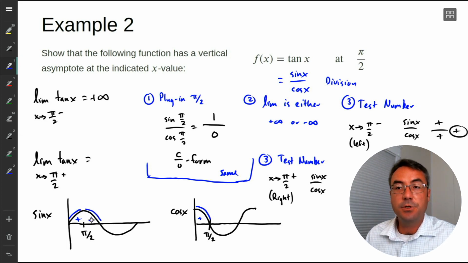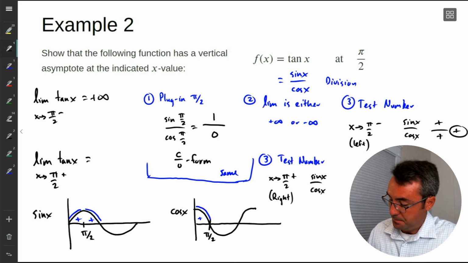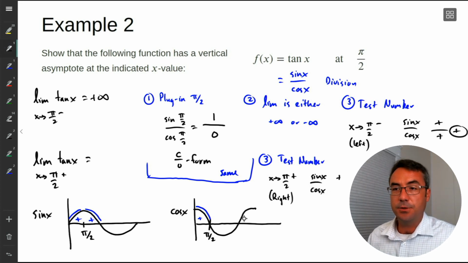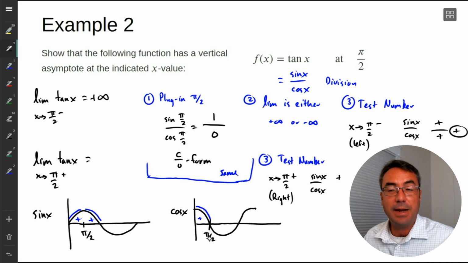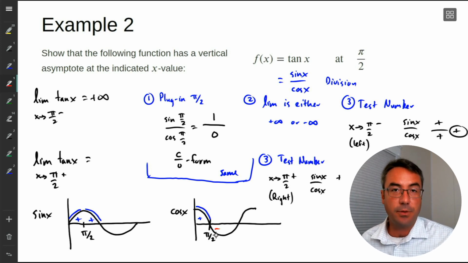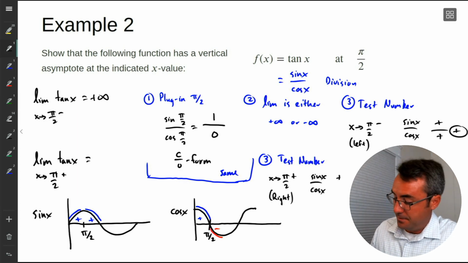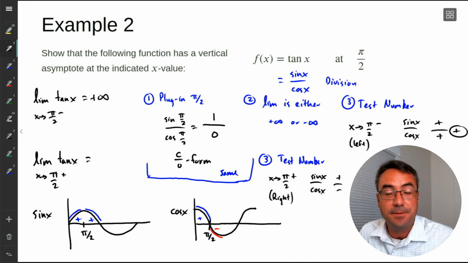To the right of pi over 2, immediately to the right, if we go far enough, then there's function values, but if we go immediately to the right over here, they're positive function values. Now what about for cosine? So we go to our cosine graph, identify where pi over 2 is on there, and then look immediately to the right. And here we see that we dip below the horizontal axis. So the function values here are negative. So for cosine, it's negative on the right side.